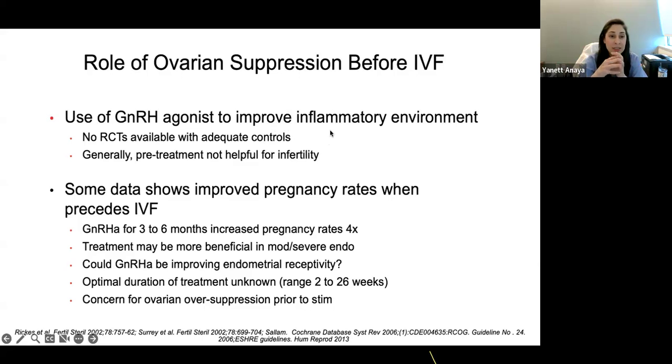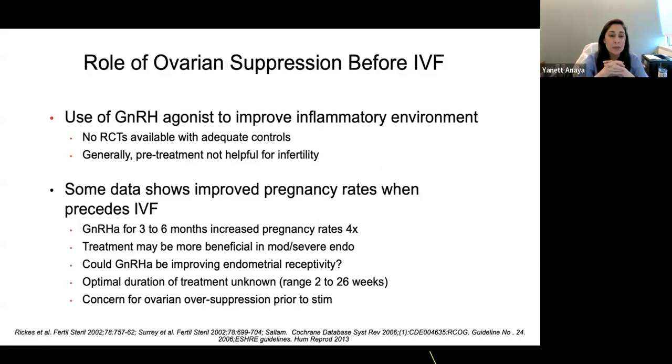Now, there may be some patients that have endometriosis that, even with the fertility treatments that we have available, specifically IVF, may still have recurrent implantation failure or recurrent miscarriages that we are still attributing to the inflammation that is coming from their endometriosis. And so for those patients, we may want to decrease that inflammation with a medication such as the GnRH agonist.